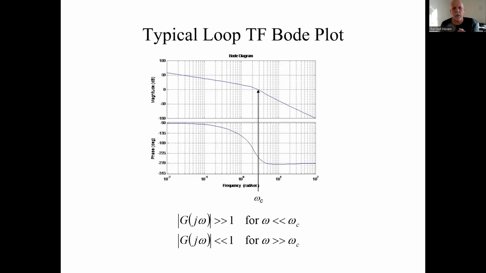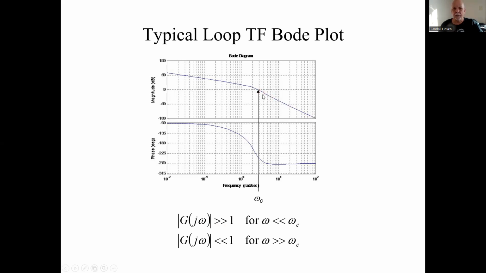One more thing. Remember omega sub c, the crossover frequency or the cutoff frequency? That's where the gain plot of the forward path transfer function goes through 0 dB. For frequencies much less than that crossover frequency, you've got multiple dBs, which means a lot bigger than 1, so your gain is much greater than 1.